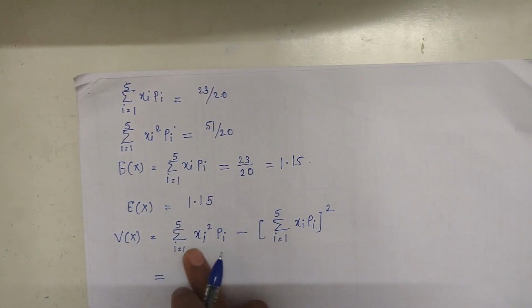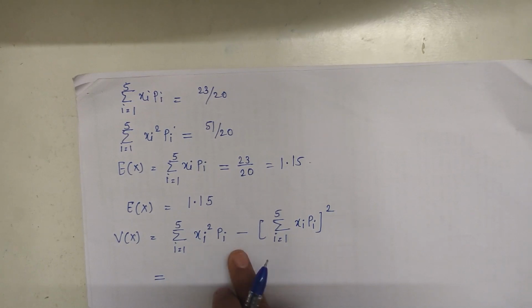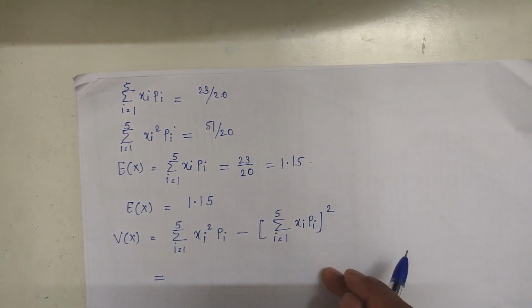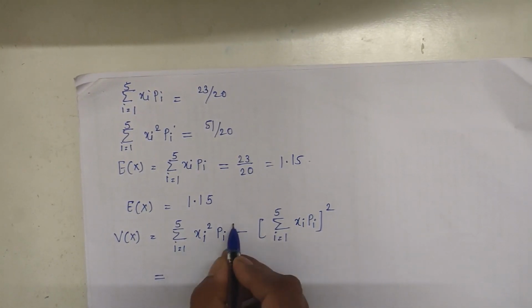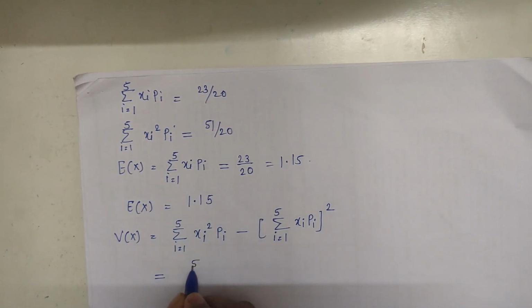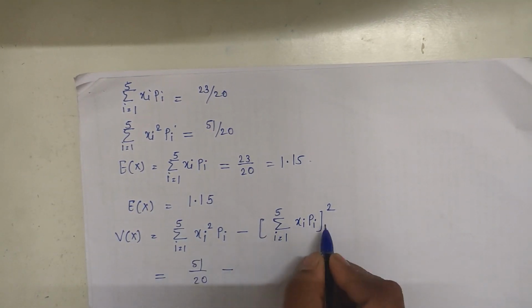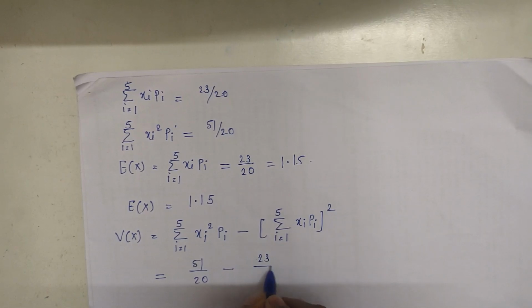Variance of x is equal to summation of xi square pi minus (summation xi pi) whole square. Here summation xi square pi is 51 by 20 minus (23 by 20) whole square. Write here 51 by 20 minus 23 square, 529, divided by 400.